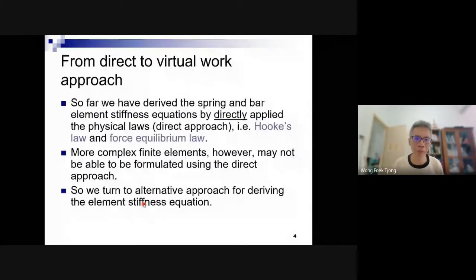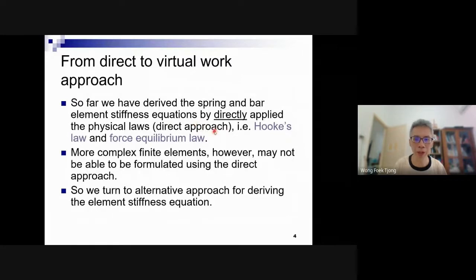So far, we have derived the spring and bar element stiffness equations. How? By directly applying the physical laws. This is called the direct approach. In particular, we apply Hooke's law, that's the constitutive equation, and the force equilibrium law to obtain the stiffness equations.